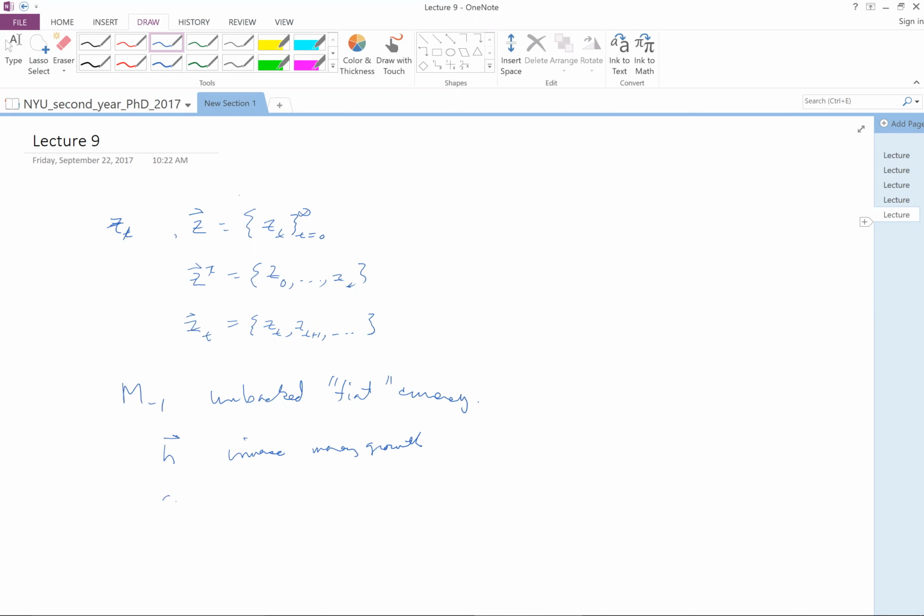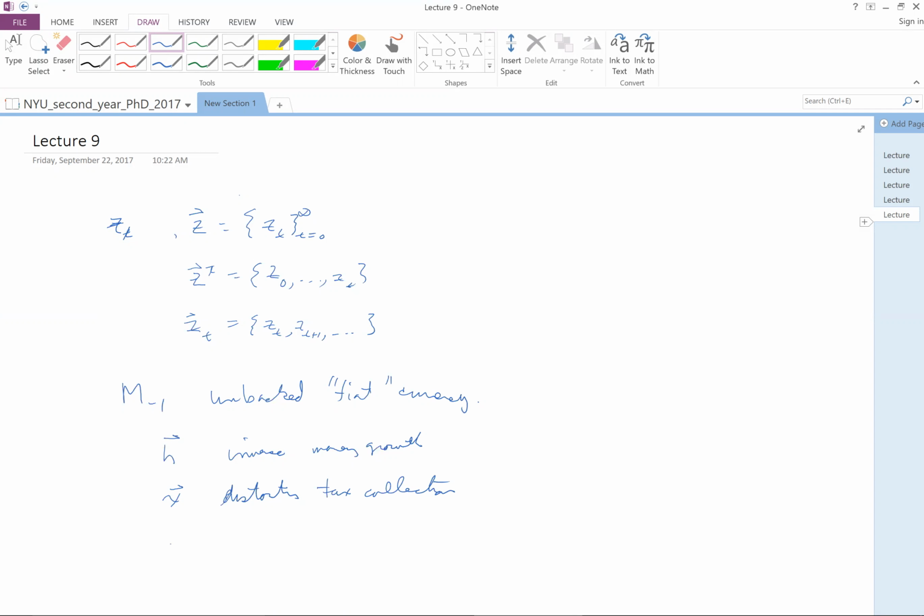It's also going to choose an entire sequence of distorting, not tax rates but tax collections. Okay. And other things, that's what the government's going to choose. These are going to be linked by a government budget constraint.